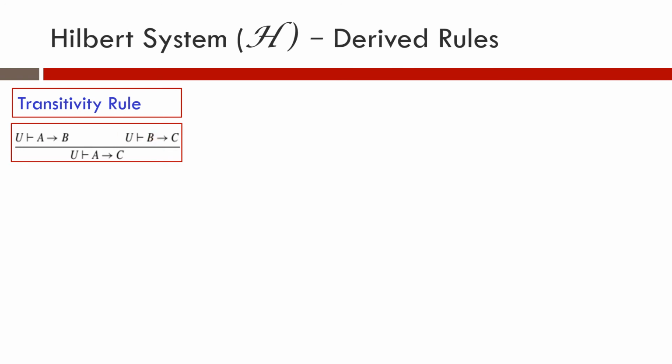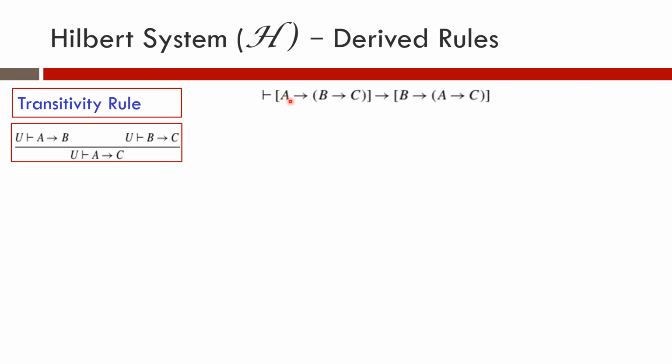Now we will try to prove another formula in the Hilbert system. Suppose the formula we need to prove is A implies B implies C implies B implies A implies C. Again here, to start with we need a set of assumptions. So we will consider those formulas on the left side of the implication.